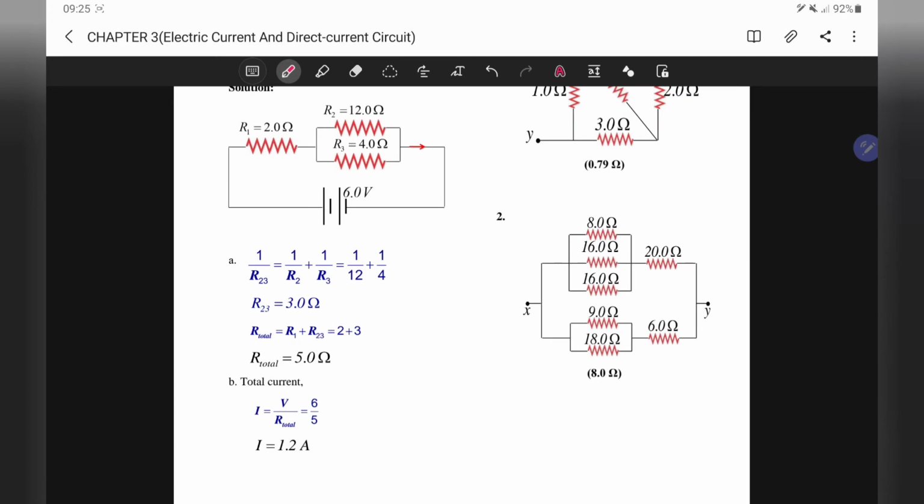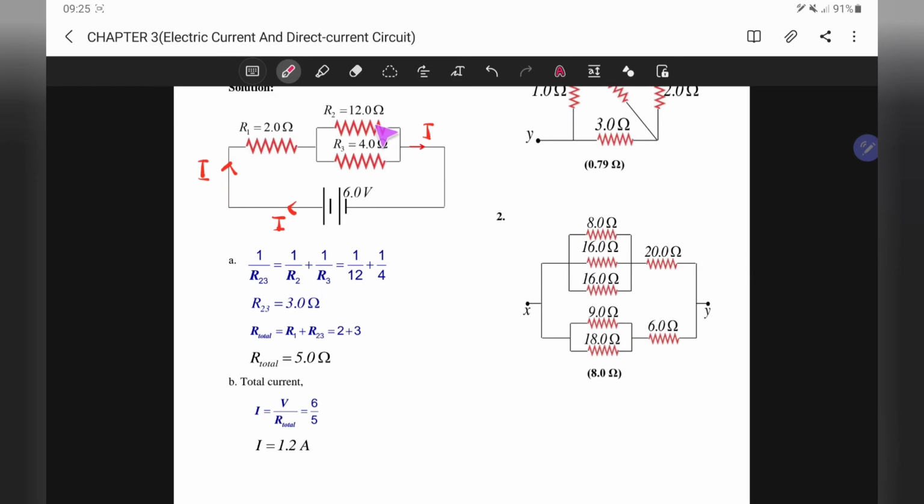As I told you before, this is I total. We take it as I total only. First, they ask you to calculate the equivalent resistance.